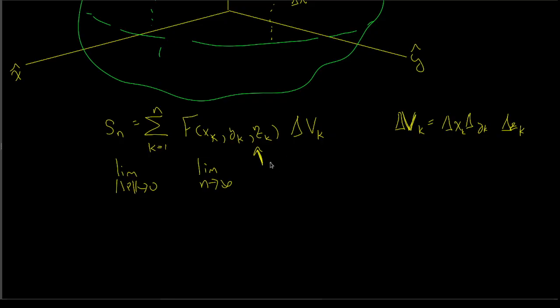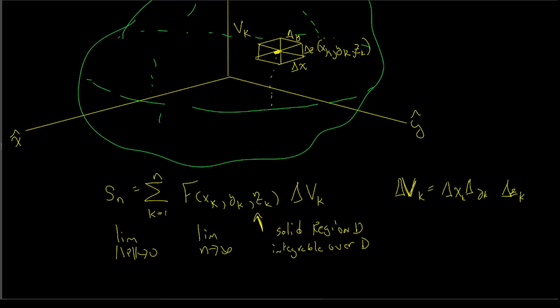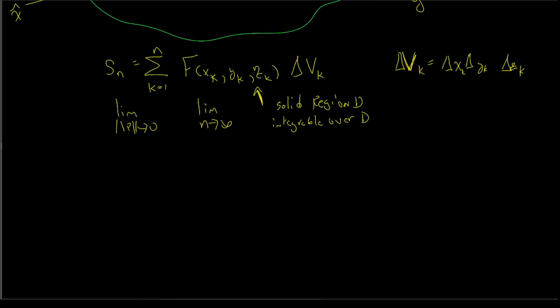And so if we have some function integrable over this region, this solid region. So your book calls this a solid region D, and f is integrable over D. And so this lima bean shape, this function can be integrable over it.